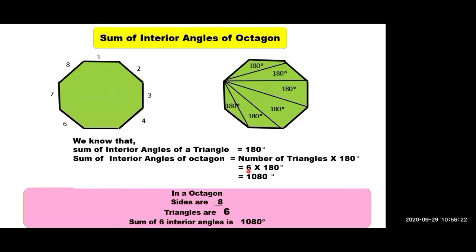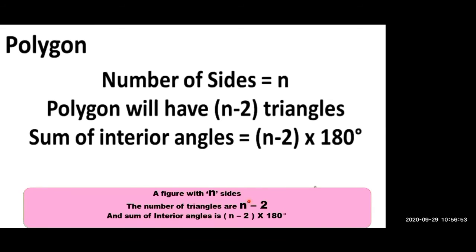Therefore, 6 is the number of triangles in octagon. So 6 into 180 equals 1080 degrees. So we can say that in an octagon, sides are 8, triangles are 6, and sum of interior angles is 1080 degrees.